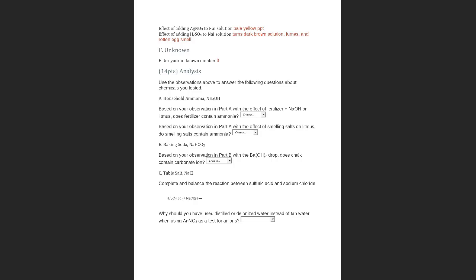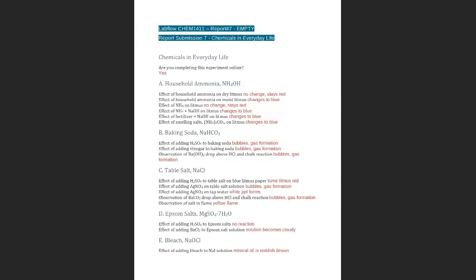So what are you going to do? You have to go back to the first part and look at ammonia, and you will see what happens when ammonia reacts with sodium hydroxide. It says changes to blue. We just saw the reaction, the paper changes to blue.